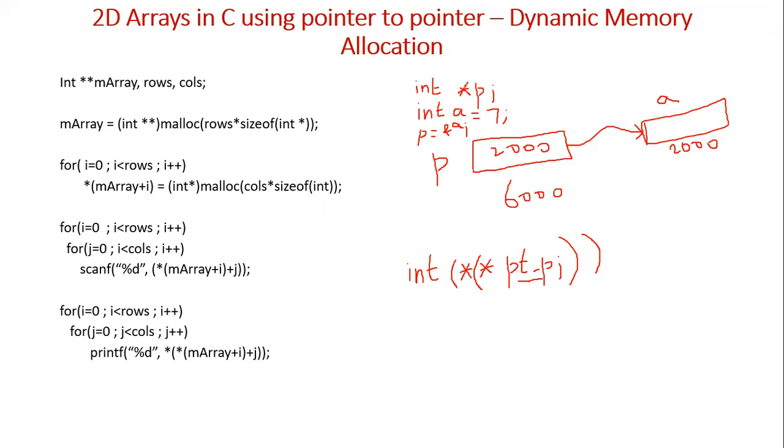Okay. So now already we have another pointer p. This p is a pointer which can point to an integer. But this pt_p is a pointer which can point to an integer pointer. That's the meaning. Int star star pt_p means int star star.